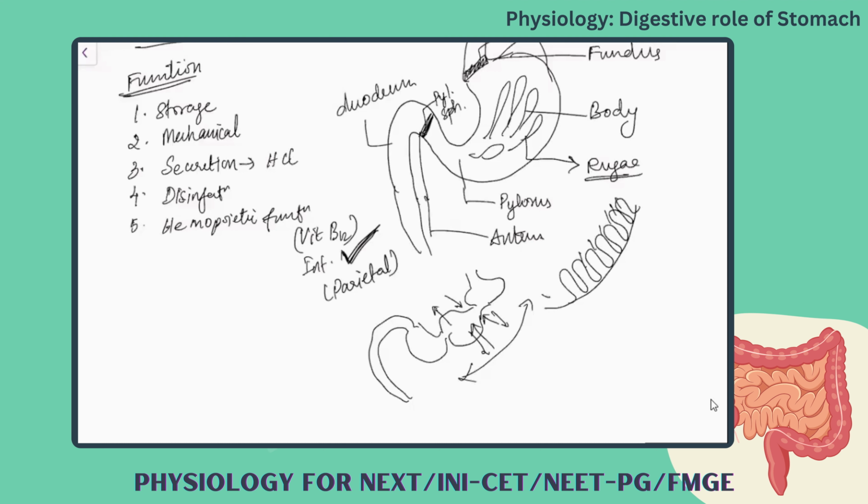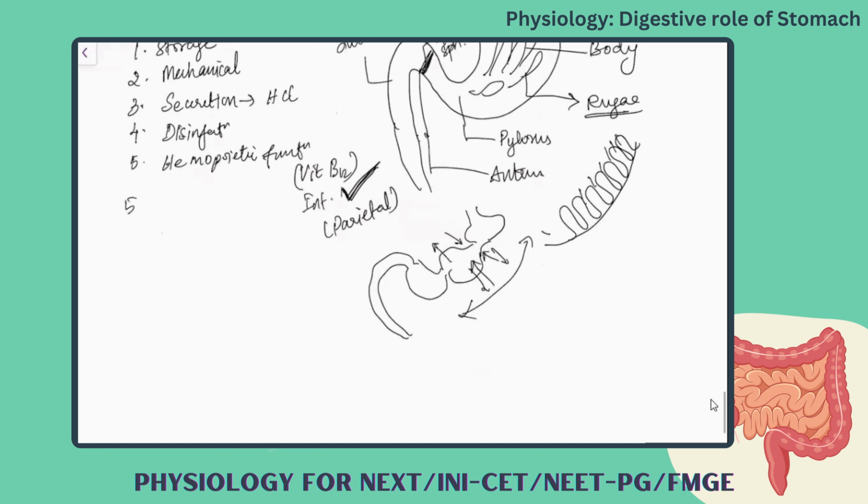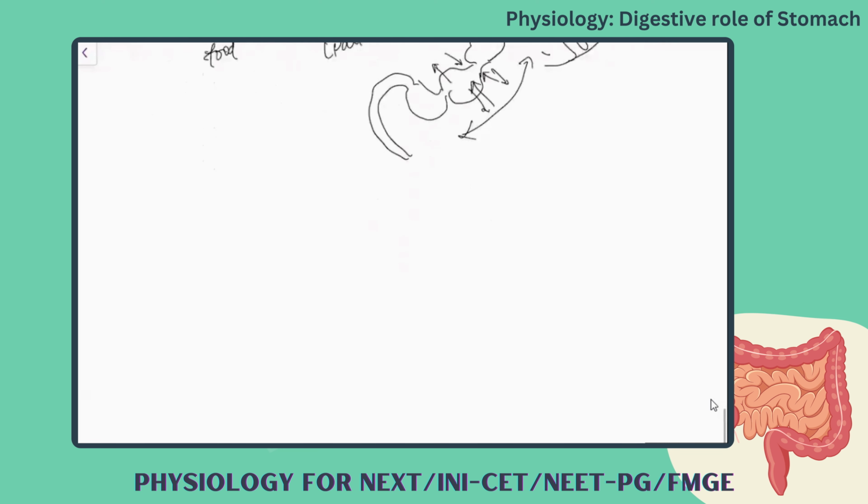And finally, the esophageal and pyloric sphincters control the exit of food. They have the duty to excrete the food from the stomach into the duodenum. So these are the major functions of the stomach.